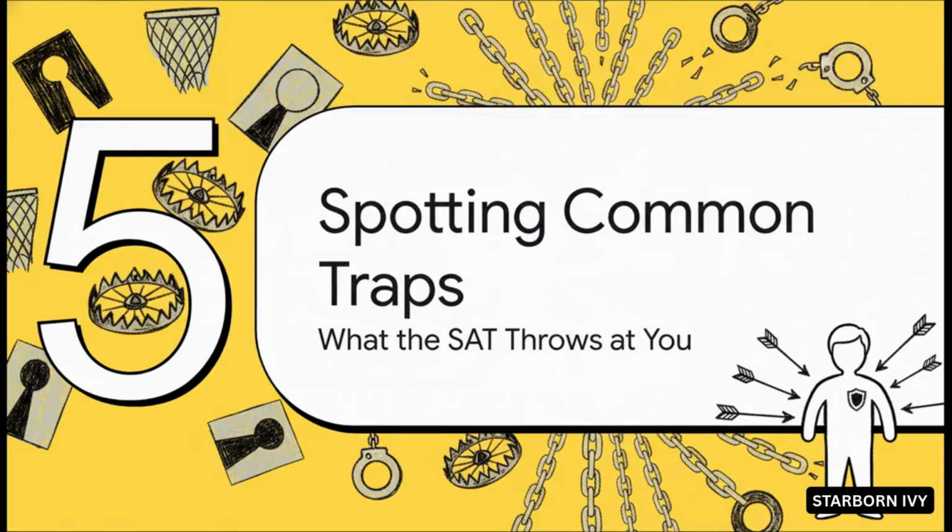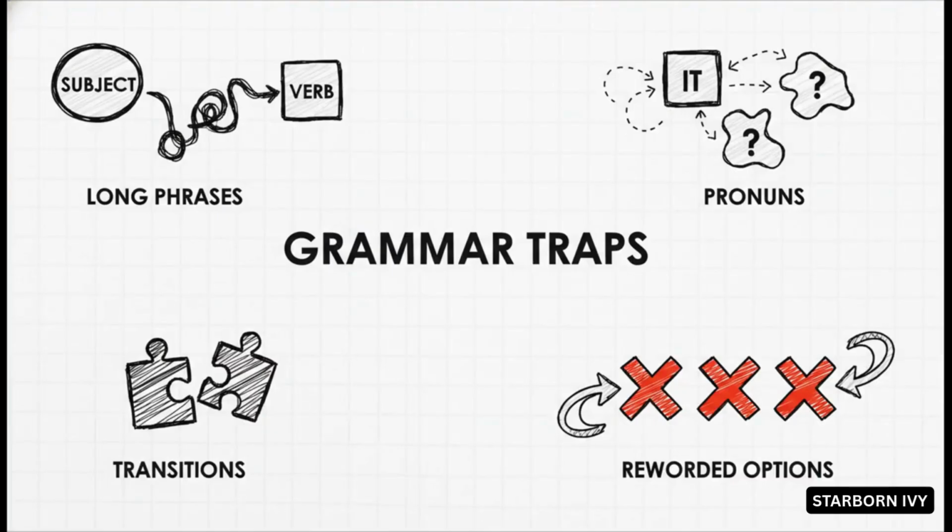Simple as that. Okay, so you know the rules now. Let's talk about how the people who make the test try to trick you, because they do. But the good news is they use the same few traps over and over. Once you learn to see them, you're pretty much immune. All right, these are the big ones you gotta watch out for. First, they love to stick a really long phrase between the subject and the verb, just to confuse you and make you forget what the original subject was.